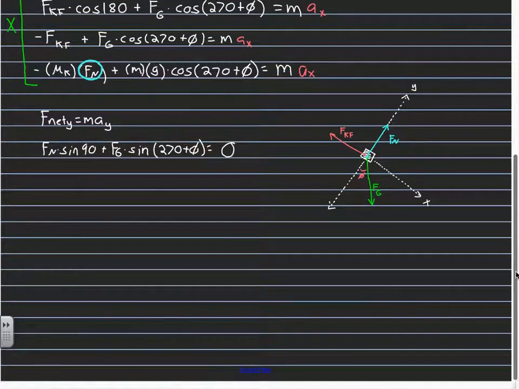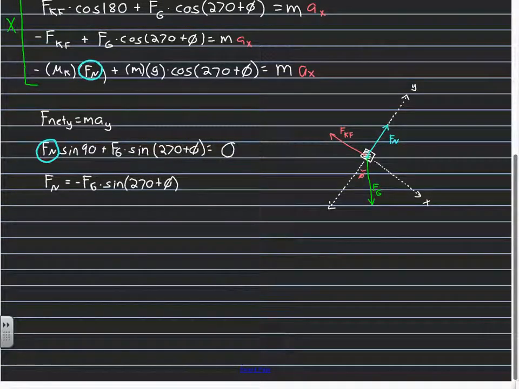Okay, so there we see the normal force that we're looking for right there. So if we can open it up a little bit further, we say the normal force times the sine of 90, which is 1, is going to equal negative Fg times the sine of 270 plus theta.